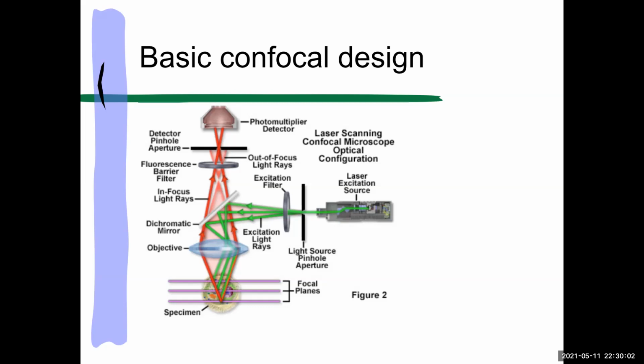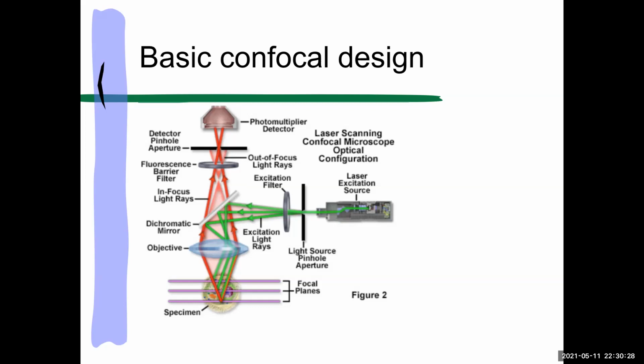So that is the focal plane that you are collecting, the bottom focal plane in this example. The light rays emitted by the fluorophore in that focal plane at that point are going to make it through that pinhole that you put just in the right place. It's confocal. It's in the same focal plane as the focal plane you're trying to collect.